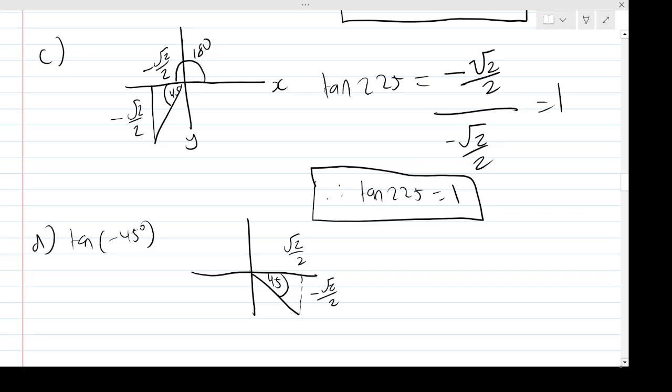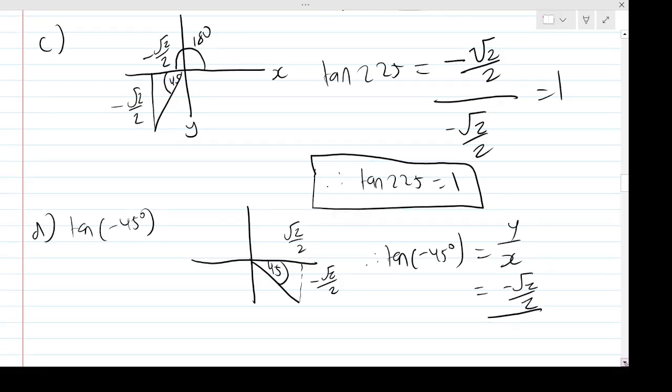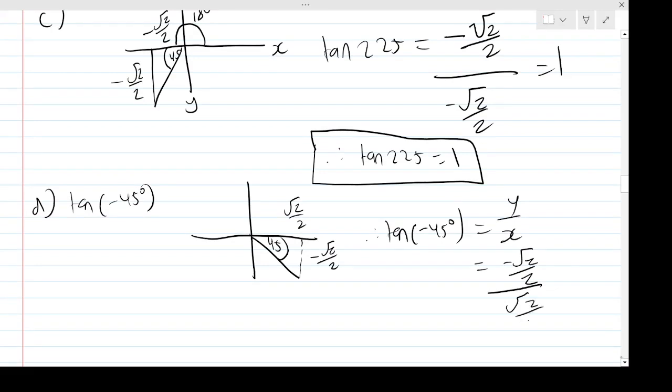So overall, tan of minus 45 is again y over x, which is negative root 2 over 2 over positive root 2 over 2 for x. That should just get me negative 1. Therefore, tan of minus 45 is negative 1.